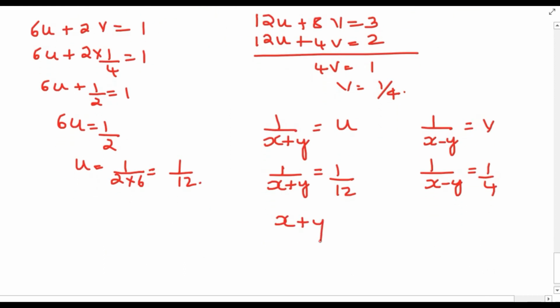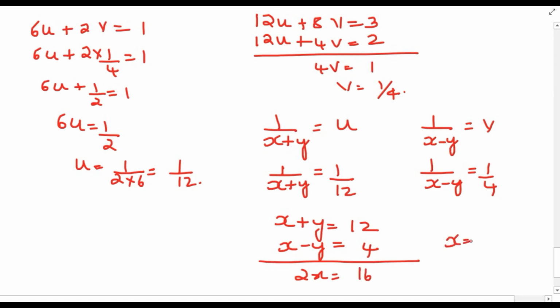Now we need to simplify this. x plus y is 12, x minus y equal to 4. So when you simplify, I have 2x is equal to 12 plus 4, which is equal to 16. x is equal to 16 divided by 2 is 8 km per hour.